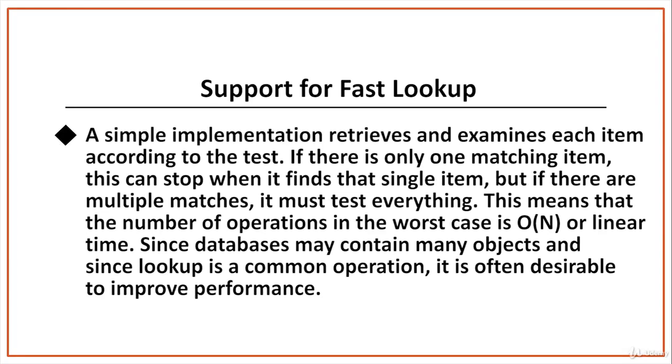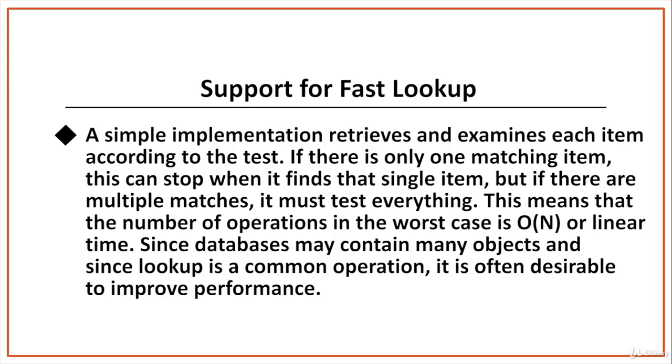A simple implementation retrieves and examines each item according to the test. If there is only one matching item, this can stop when it finds that single item. But if there are multiple matches, it must test everything. This means that the number of operations in the worst case is O(n), or linear time.